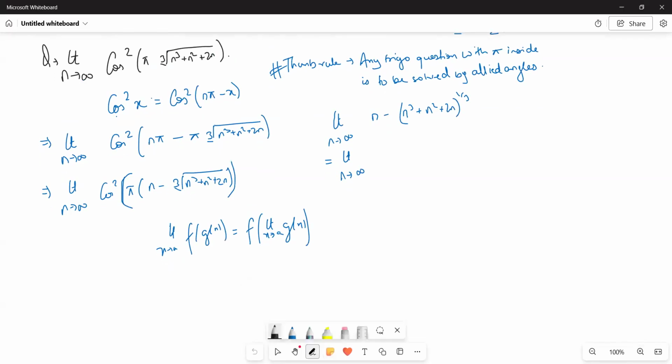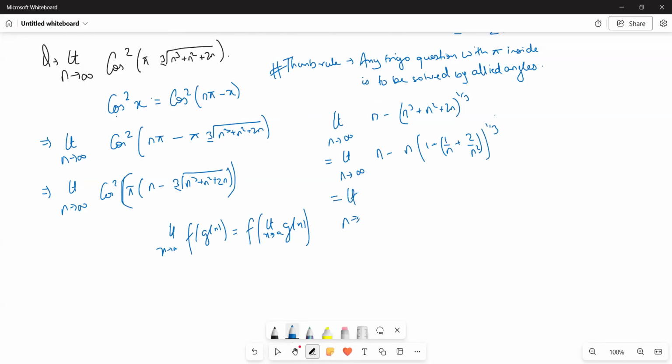So as we were discussing, sorry for the interruption. We take n common, 1 plus 1 by n plus 2 by n square, where 1 by n plus 2 by n square would be treated as the second term.